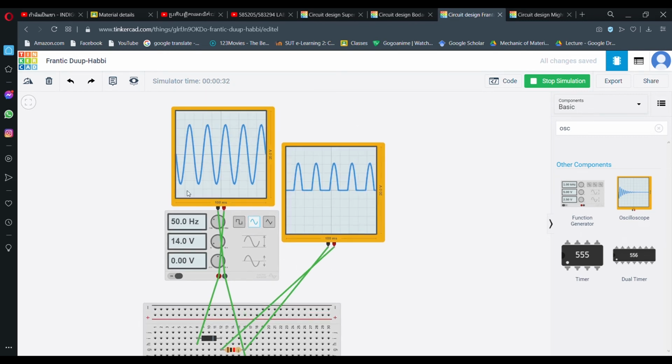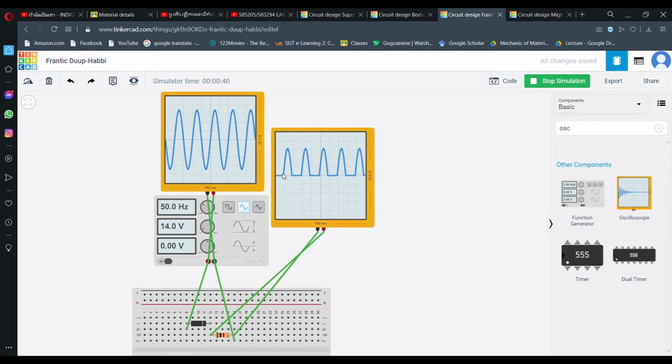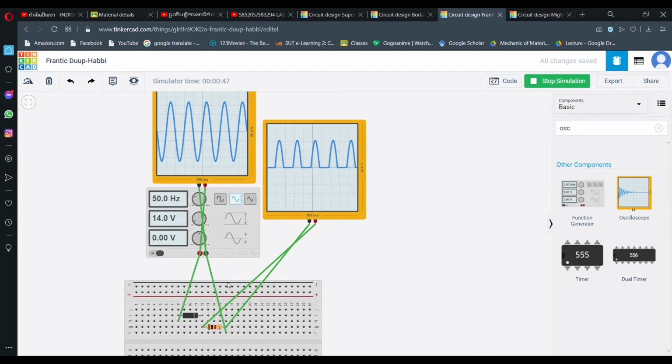This is the voltage from the supplier, and this is the voltage that goes through the circuit. Both of them are the same, but the one that goes through the circuit has only the upper part, and the lower part, which is the negative, doesn't exist.